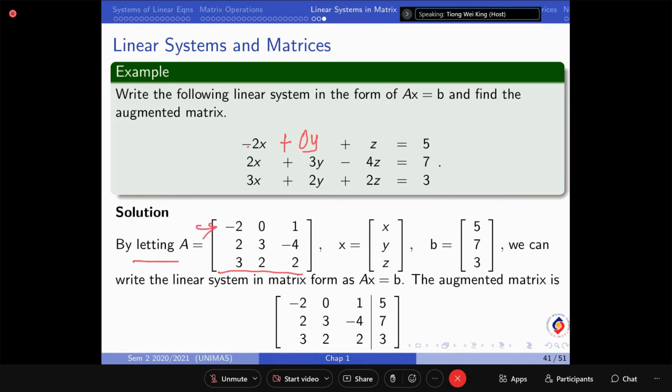Row 1 is the coefficients of the first equation, row 2 is the coefficients of the second equation, and row 3 is the coefficients of the third equation. X are all the unknowns, X, Y, and Z, and B is the right hand side. The augmented matrix is how you write it: you join this and this together.